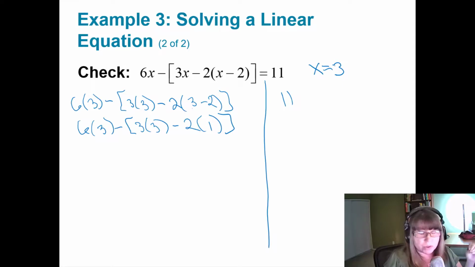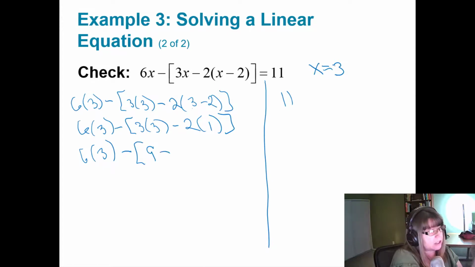Now I can do both of the multiplication of 3 times 3 and the 2 times 1 inside that parenthesis. 3 times 3 is 9. 2 times 1 is 2. Again, staying within those brackets, following my order of operations, 9 minus 2 is 7.